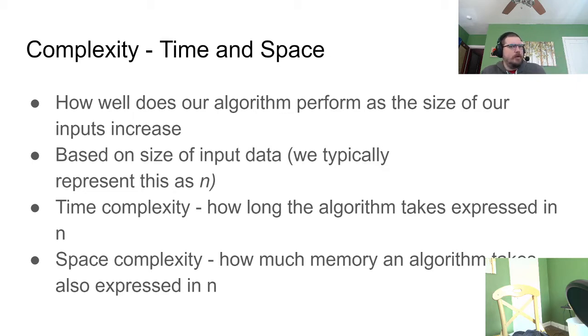Just whoa, right? So these are usually a trade-off, where the more time it takes, the less memory it will generally take to operate. Or if it takes up more memory, that memory is being used to speed up the operation.